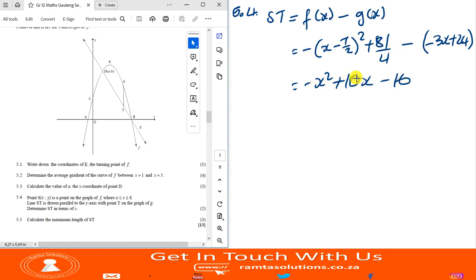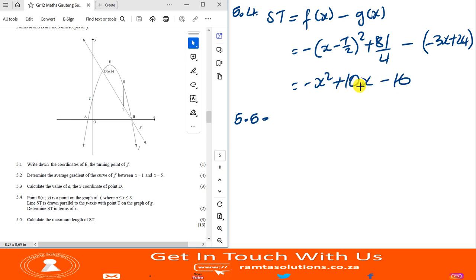Okay, perfect. 5.5 says calculate the maximum length. Ooh. When they say maximum length, they mean the maximum length of ST. So you look at the function of ST. This function of ST, when you look at it, is a parabola. But what kind of a parabola?